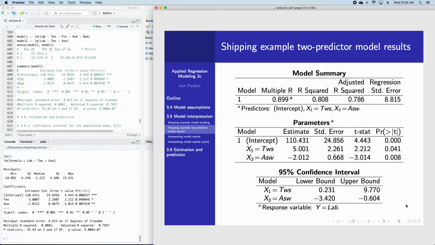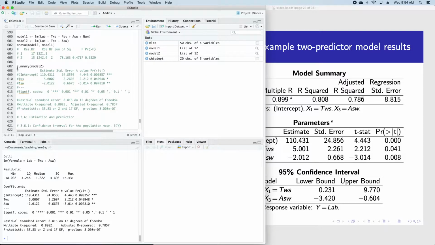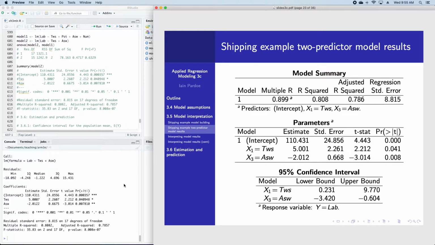So then we come to model 2, which has just got the 2 predictors, and we summarize it, and we get a whole bunch of output. So this is a summary of all the output that I'm going to interpret, and in R, this is the summary that I get in R. And so it's all the same information, it's just formatted slightly differently.